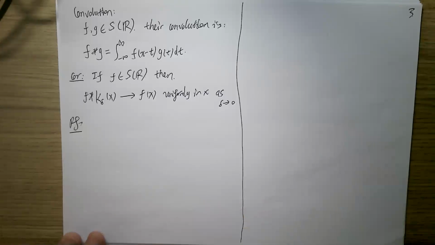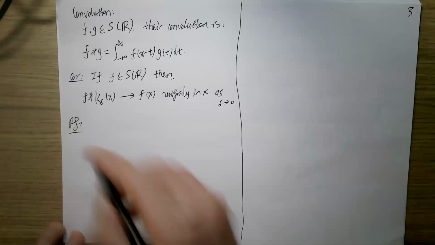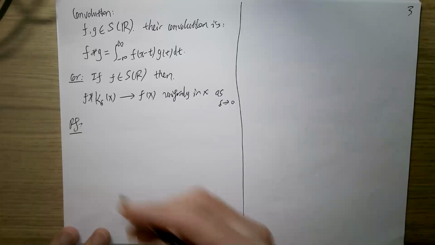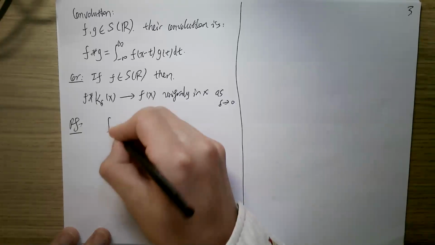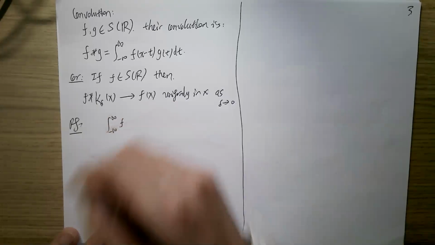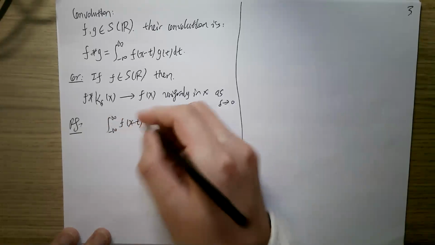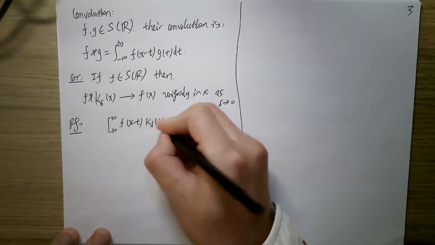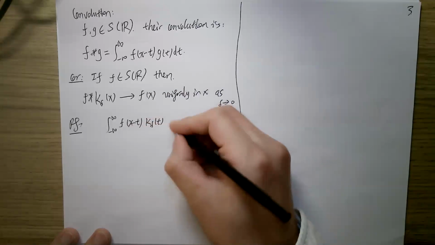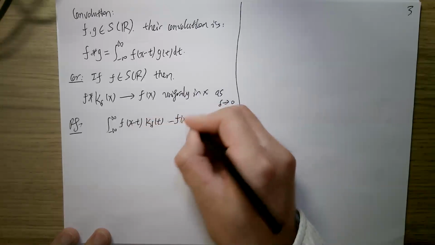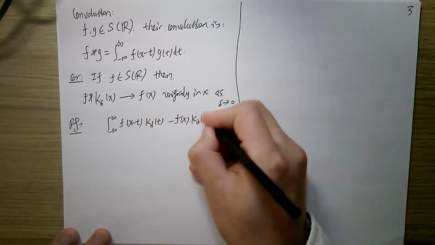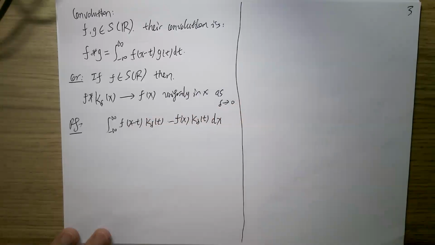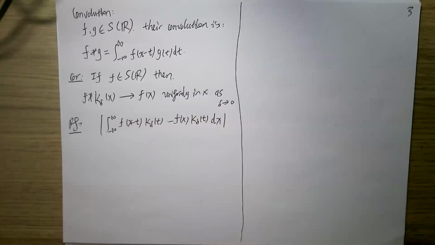Okay. First, you want to show this: f(x) minus f(x) convolved with this good kernel, which is the integral of f(x minus t) K delta(t) dt, and subtract this f(x). Of course, since the integral of K delta(t) is 1, basically you want to show that this can be arbitrarily small as delta tends to 0.